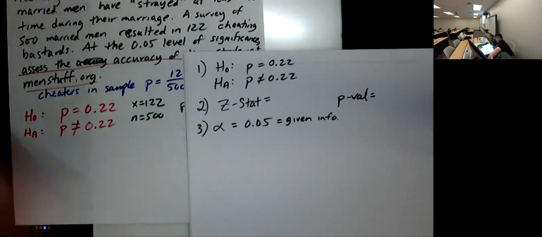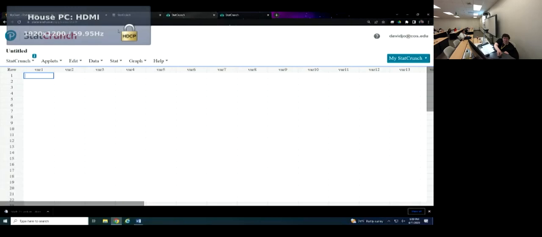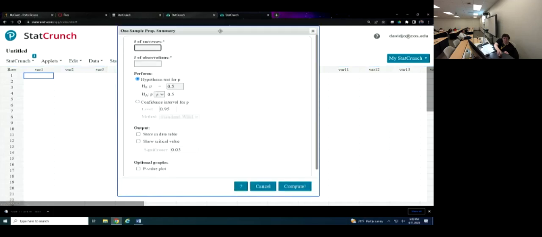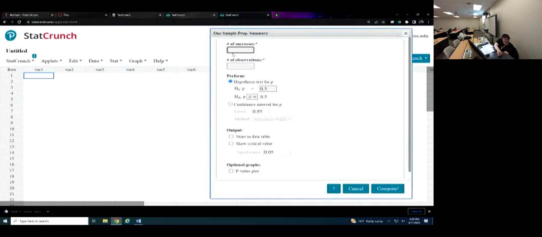You guys ready? So we're going to go stats, proportion stats, one sample with summary. I had 122 successes out of 500 observations. Said P was 0.22 and HA was not 0.22.